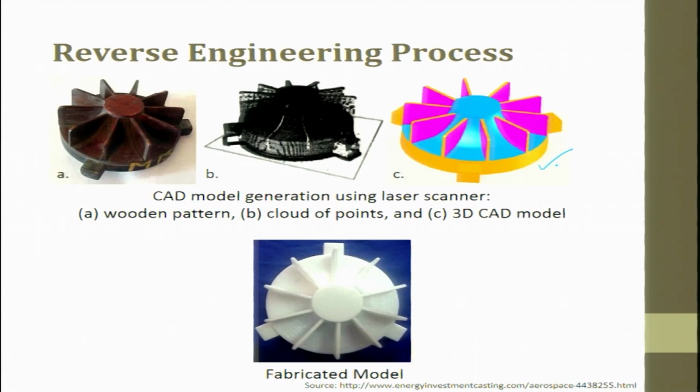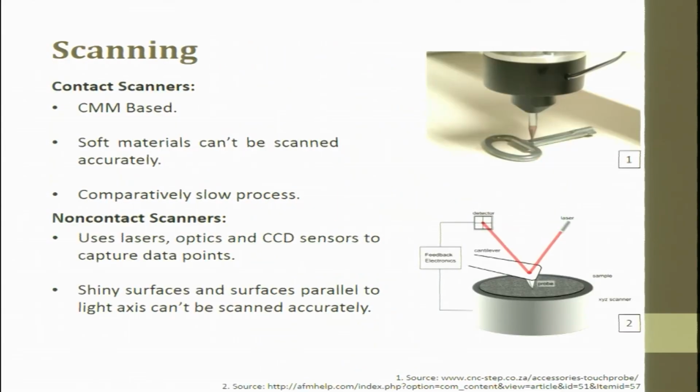From the 3D data, you can directly send it to a CNC machine, or you can directly send it to an RP machine, so that you try to get the same product manufactured. So, depending upon the time and the accuracy you spend here, the output will be very close to the input, whatever it is.